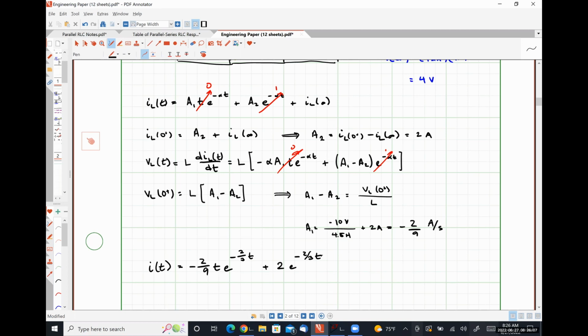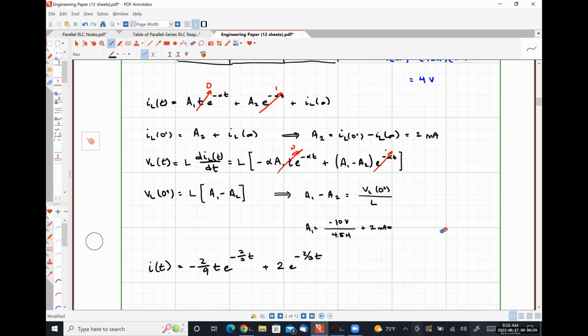Actually, there's a significant mistake here, and the mistake that I've made is with the units. So that should have been 2 milliamps here and 2 milliamps here, which is going to change this significantly.